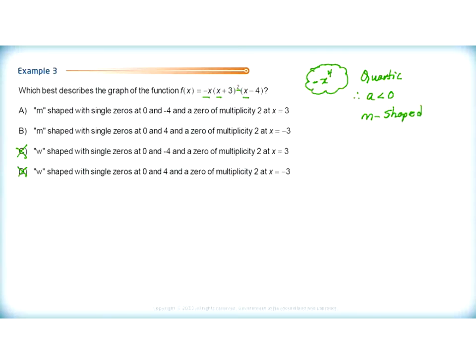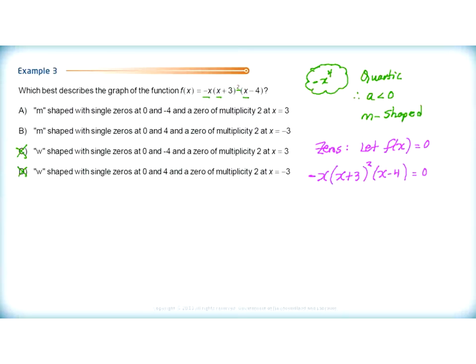So now we need to look at the zeros of the polynomial function. The zeros in this case can be determined when we let f of x equal 0. So here we have negative x times (x plus 3) squared times (x minus 4) will equal 0.